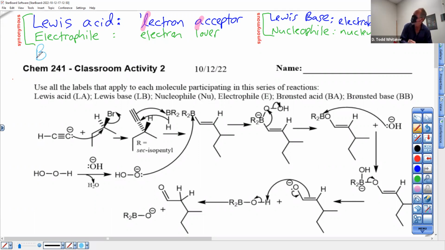Is that too faint? It shows up pretty well. Bronsted acid. Now, when you do Bronsted, the one word you have in your mind is proton. Bronsted is just about protons. It's a different perspective of looking at things. Okay? Now, you're a proton donor.